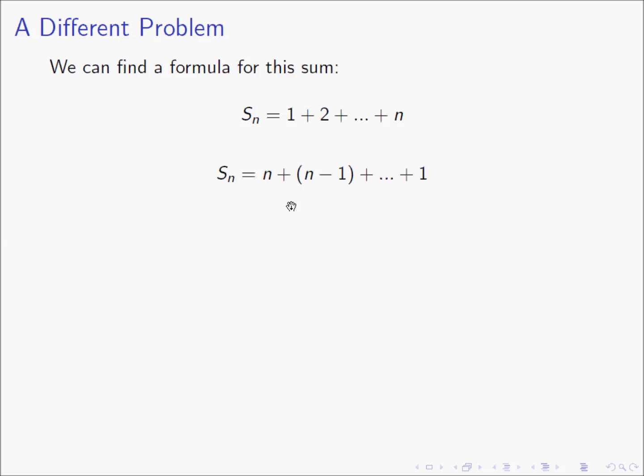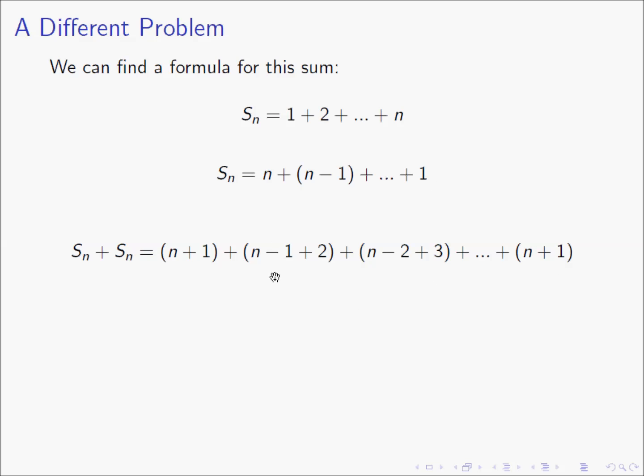We just rearrange the terms like this, and we can take the sum of these two equations, and we get that this will equal, we're going to sum term by term. Here we have n plus 1. In the second term we have n minus 1 plus 2. In the third term we have n minus 2 plus 3. And we continue like that, and the last term will be n plus 1.